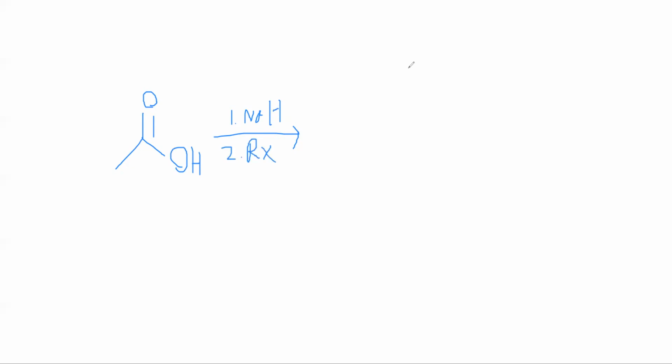But the problem is that's a base, this is an acid, so you're not going to get the enolate. Instead, you're going to form a carboxylate, you're going to deprotonate the carboxylic acid. So you can't do it the same way you do it with the other stuff. You can't do alpha substitutions through enolates or through enols as easily.